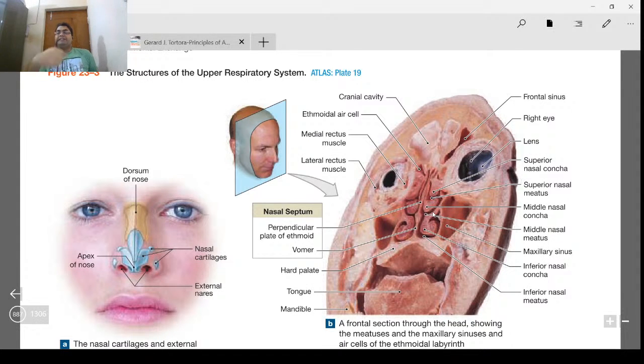The conchae assist in the exchange of water vapor and temperature from the expandable veins to the inhaled air.